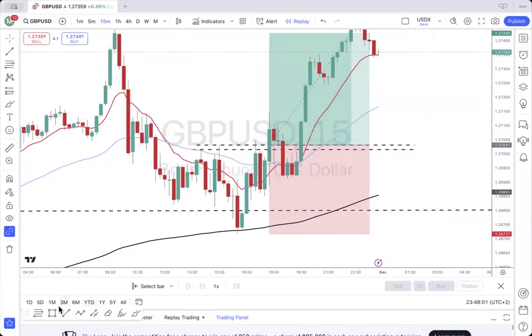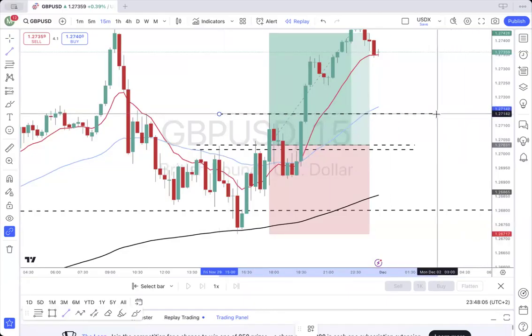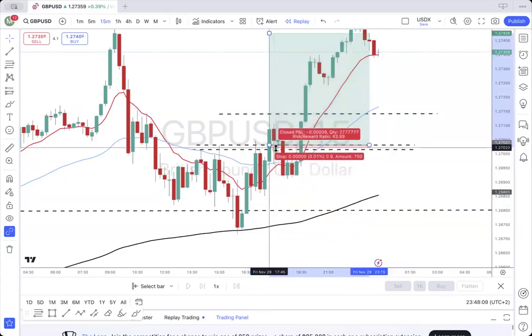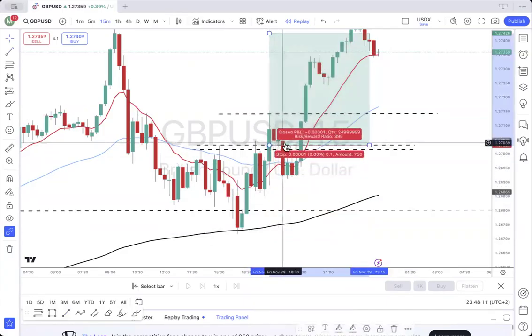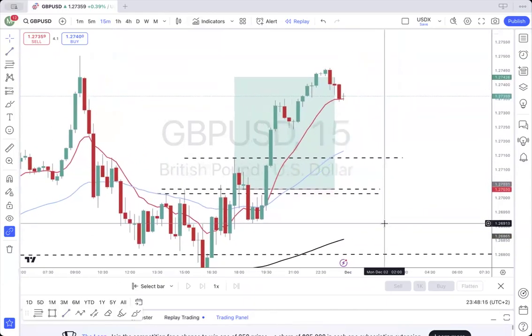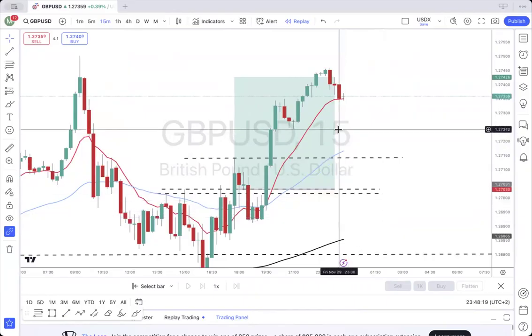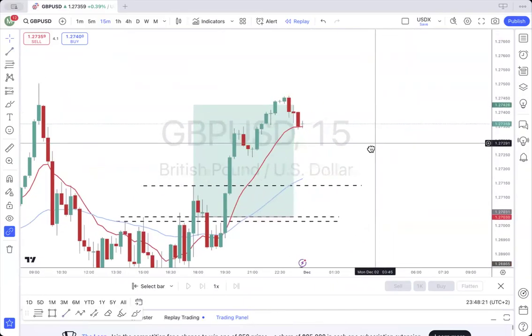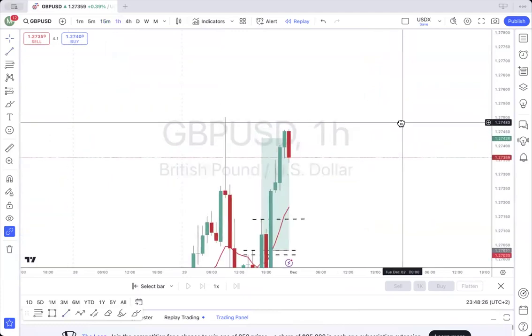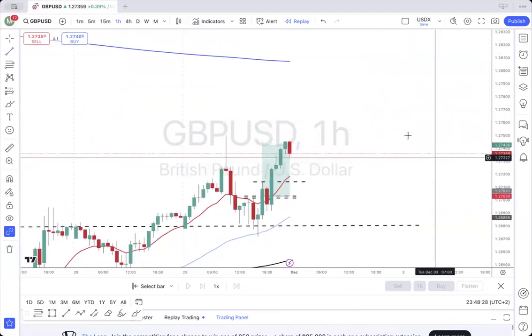And immediately when they break this, okay, you then move your stop loss to break even. Now you're playing with zero stop loss. That's what you're doing now. But you know, next week as well, it's going to be more than that. So that's how you take your entries, guys.